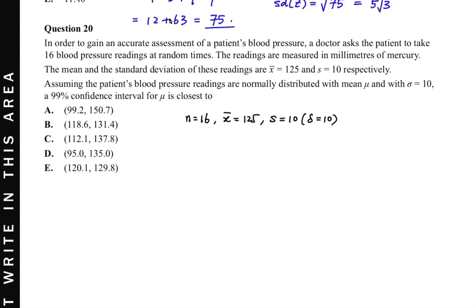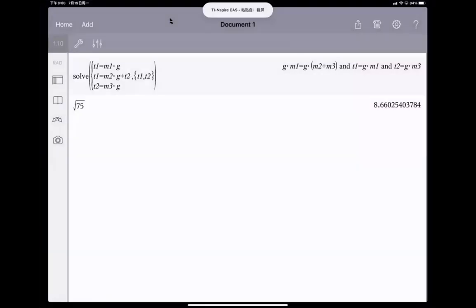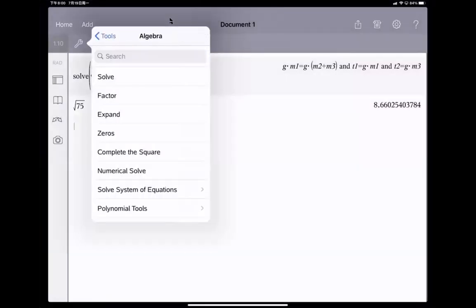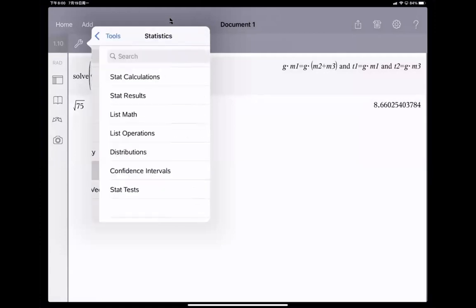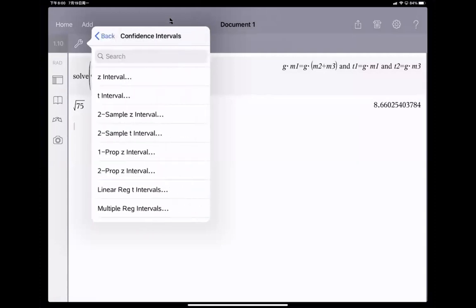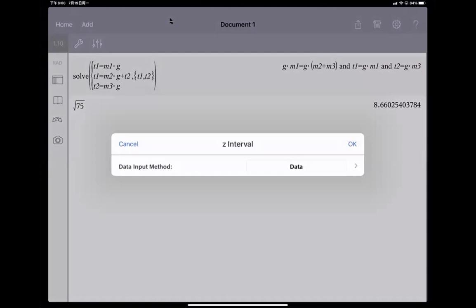A 99% confidence interval. Okay, C level is 0.99. We want to find the confidence interval for the sample mean, and let's go back to the calculator and choose menu 6 statistics, 6 confidence intervals, and choose the first one, Z interval.